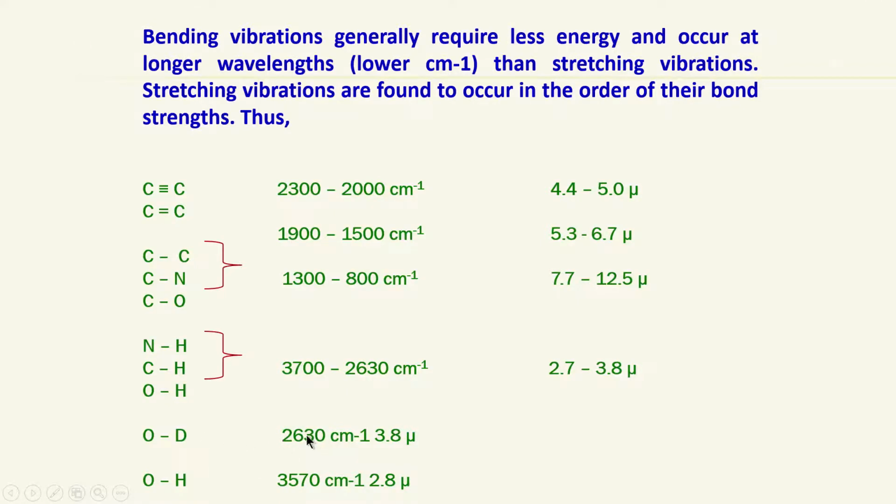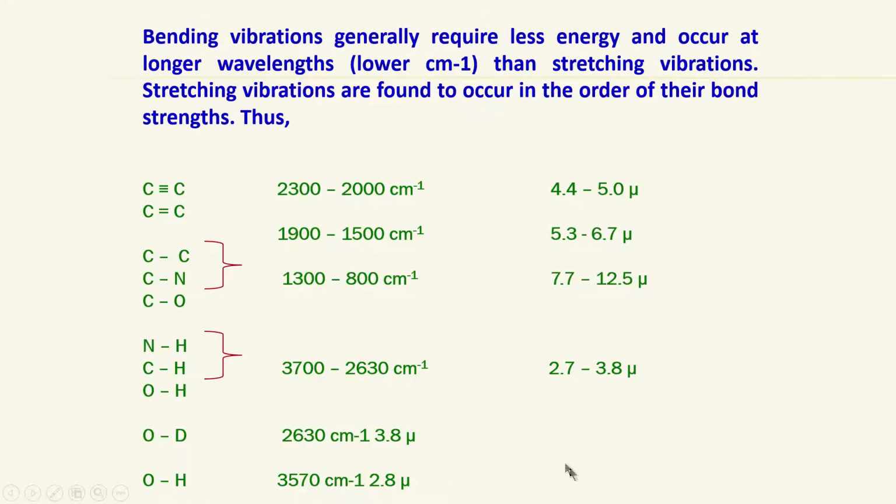Oxygen-deuterium occurs at 2630 centimeters inverse, which is around 13.8 microns, and oxygen-hydrogen, something like alcohol, the OH group, appears at 3570 centimeters inverse.